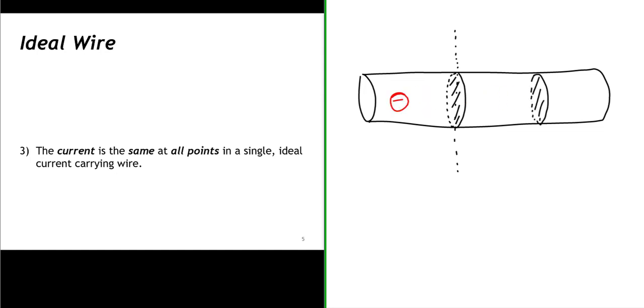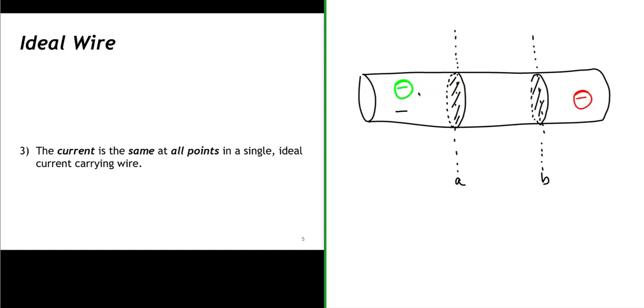Let's look at this negative charge, and let's measure the current, the rate at which negative charges move in this wire, at two different points. We will call the point on the left point A and the point on the right point B. Well, the rate at which this charge moves across point A is the same rate as when it moves across point B. And we don't have to just have the single charge.